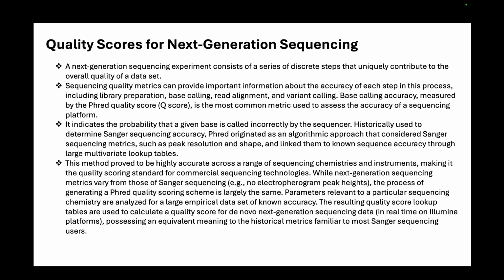So we use something called the Q score, or the Phred quality score, which is a common metric used to assess the accuracy of a sequencing platform. This method proved to be highly accurate across a range of sequencing chemistries and instruments, making it the quality score standard for commercial sequencing technologies as well.